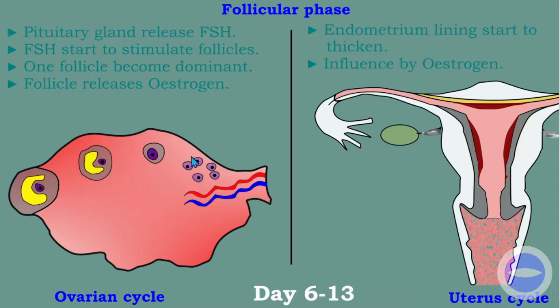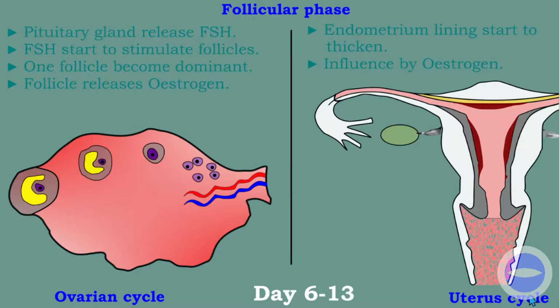From primary follicle to Graafian follicle is stimulated by FSH, which is follicle stimulating hormone. As the follicles grow, they release a hormone that we call estrogen. And then the estrogen goes to the uterus to grow the endometrium lining. So this is how they connect. One releases, and then one is growing.